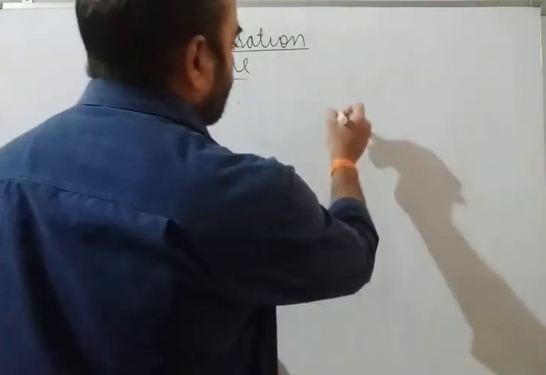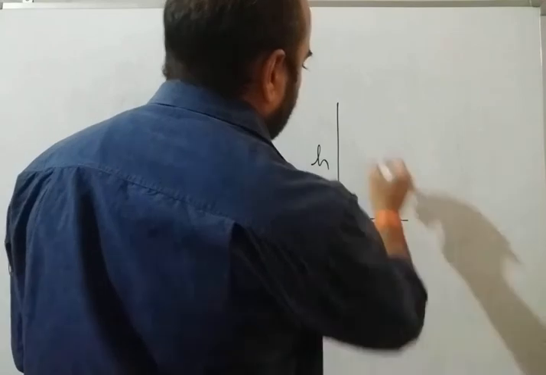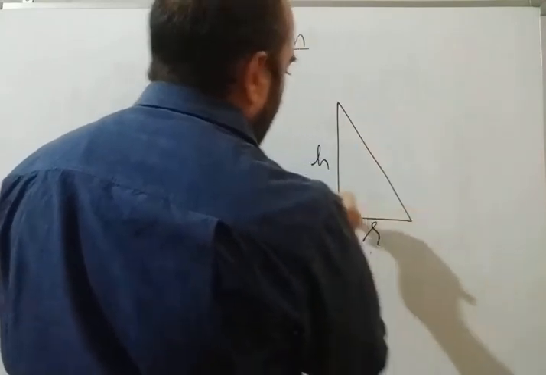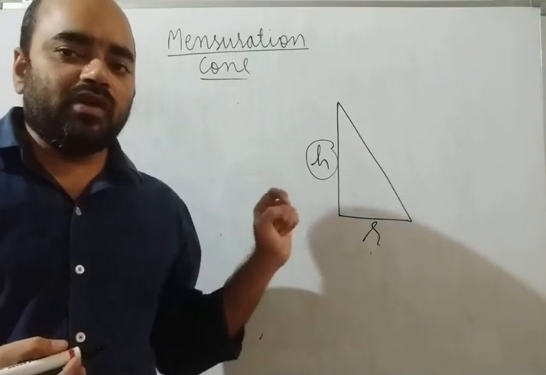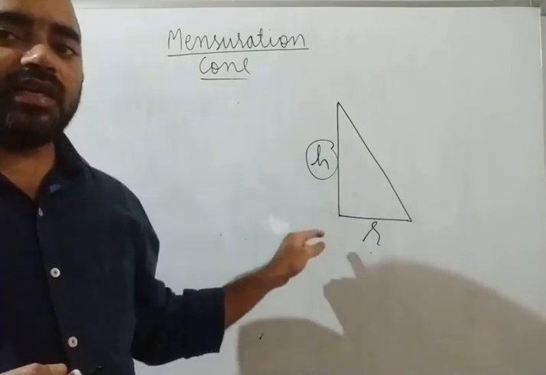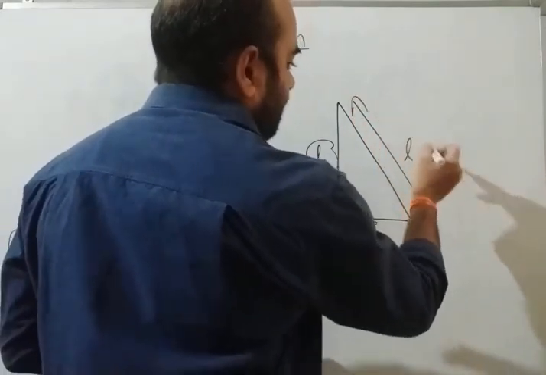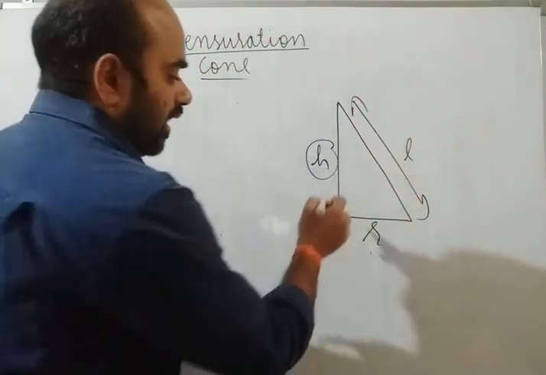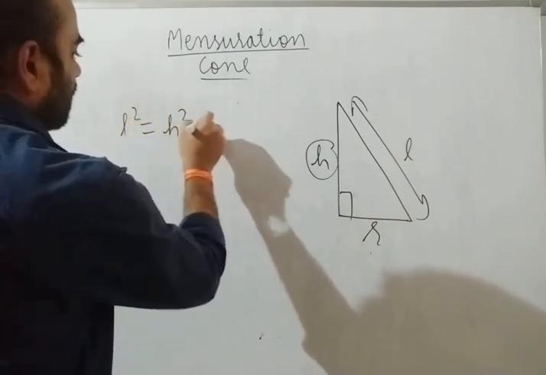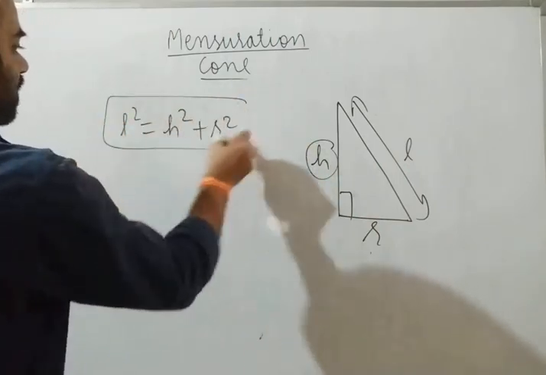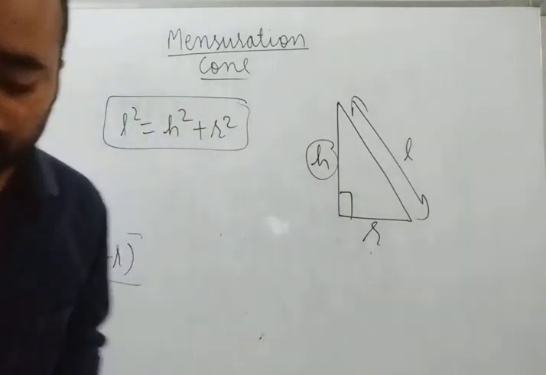See, in the cone, this is slant height, this is radius, and this is height. Height means vertical height. When only height is given, that is vertical height h. For slant height, this will be given specifically, that this is a slant height. The angle is 90. It means L square is equal to h square plus r square. Correct?